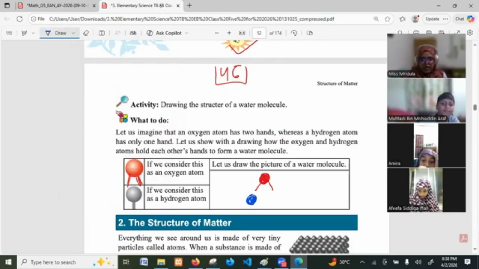So with this one hand, one hydrogen will hold one hand of oxygen, and the other hydrogen atom will hold the other hand of the oxygen, right? So now the oxygen's both hands are occupied and hydrogen's single hands are also occupied. This is how we get our molecule of water. We get H, 2 of them, and 1 O. So that's how we form water or H2O.